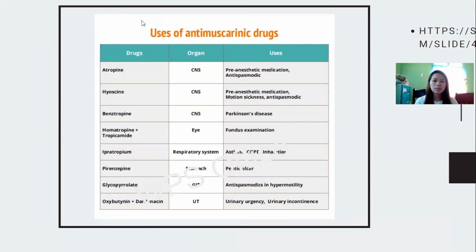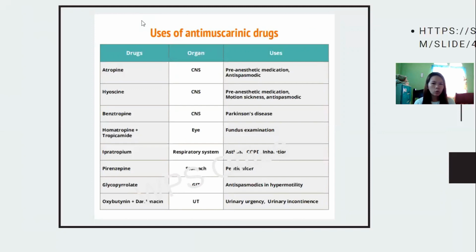Uses of antimuscarinic drugs. Atropine, organ: CNS, uses: pre-anesthetic medication and antispasmodic. Hyoscine, organ: CNS, uses: pre-anesthetic medication, motion sickness, and antispasmodic.